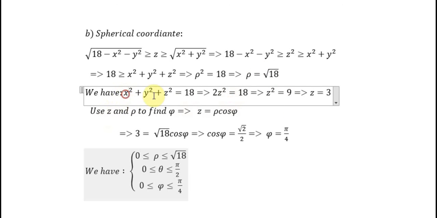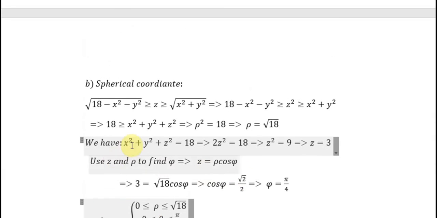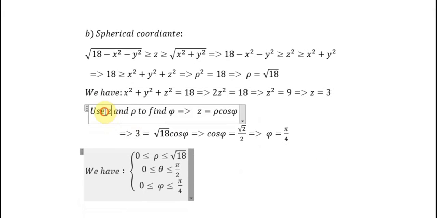Now we have this formula from here, and we have x^2 plus y^2 equal to z^2, because z^2 is greater or equal to x^2 plus y^2. So we convert this to 2z^2. Then we find z equals 3, because we have z and rho here.